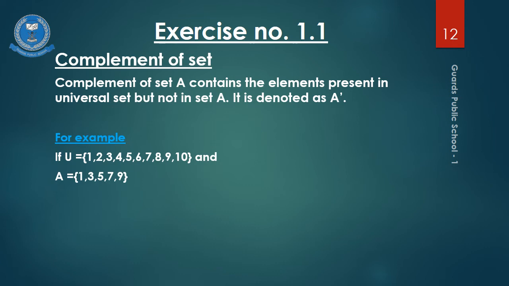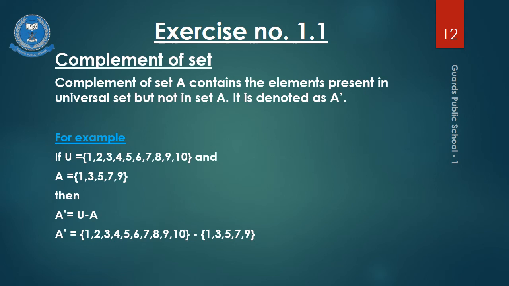You can find the A complement by subtracting the elements of A from the universal set, and you will get the A complement as 2, 4, 6, 8, 10.